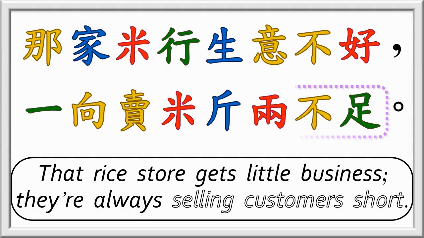Chinese speakers unaccustomed to the 儿化 of Northern Mandarin would need to say 好好的听 to express this difference. 那家米行生意不好，一向卖米斤两不足. That rice store gets little business. They're always selling customers short.